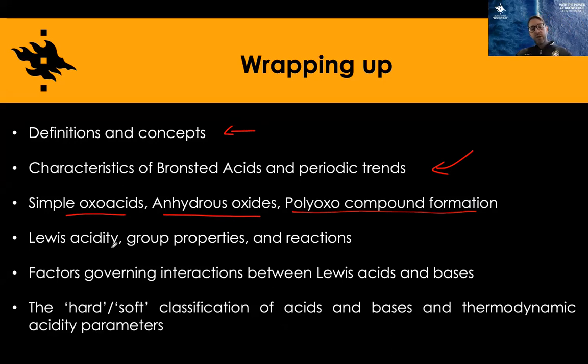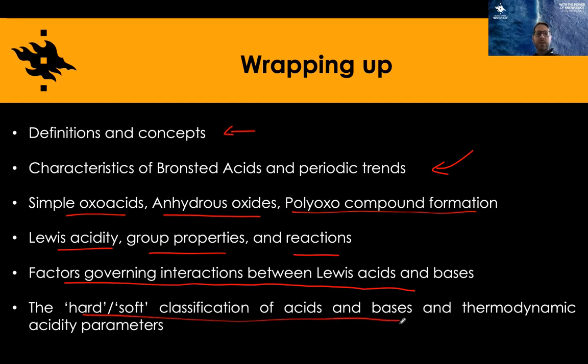We discussed today Lewis acidity, group properties, some important reactions, and factors governing interactions between Lewis acids and Lewis bases. And then we finished with these hard-soft classifications of acids and bases, and we discussed some thermodynamic acidity parameters.